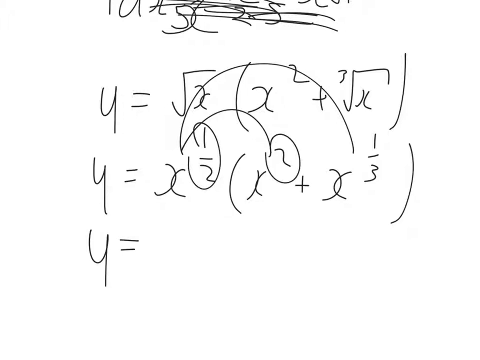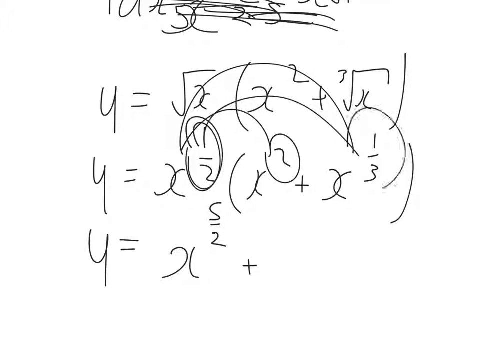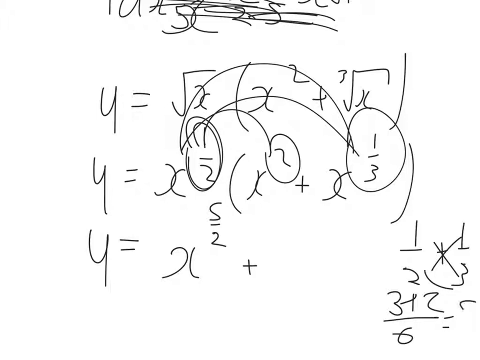So that's going to be a half plus 2, a half pizza plus 2 full pizzas will give me 5 halves. And then it's a half plus 1/3. So if I go to the side and work that out, that will be 3 plus 2 over 6, 5 over 6. So that's x to the 5/6.